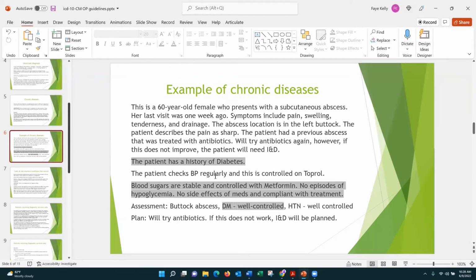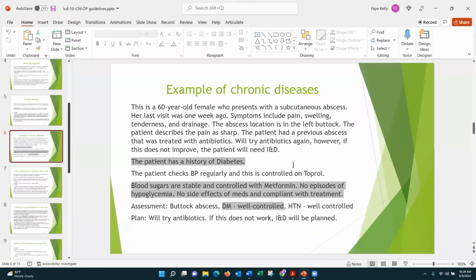He's checking his blood pressure regularly. This patient's just here because he has an abscess. But all these others, we know that diabetes affects skin conditions, so we know we're coding that. We just discussed that. The hypertension, the physician documented that he's on Toprol. He checks his blood pressure regularly, and he put it in the assessment. Yes, we would code that.